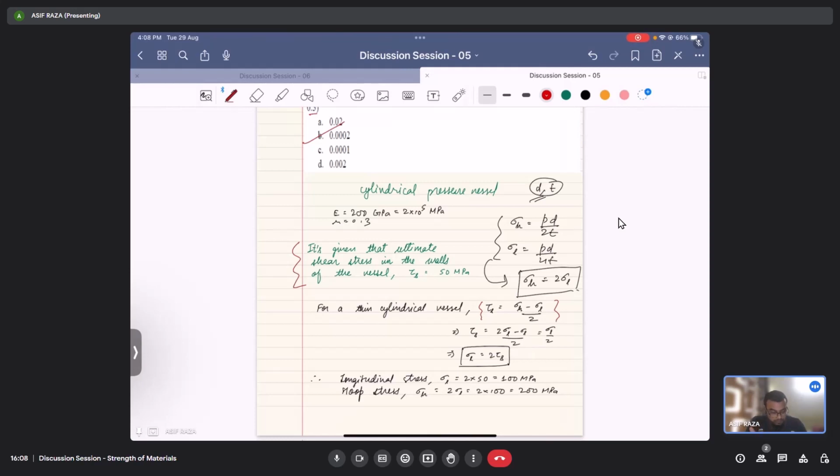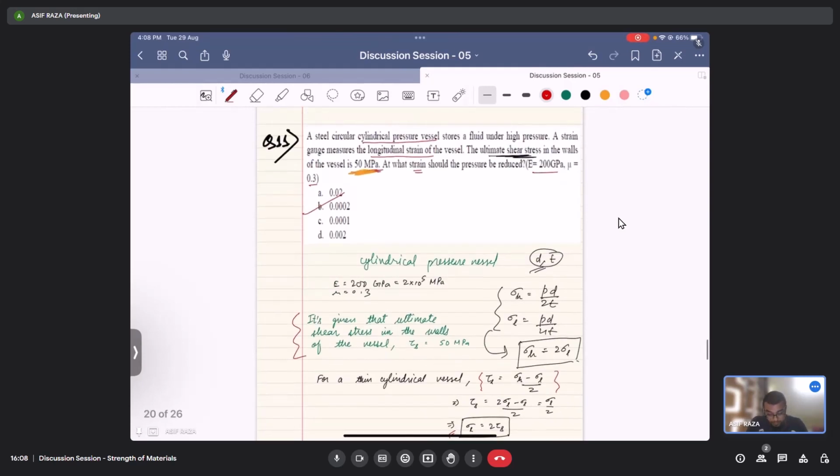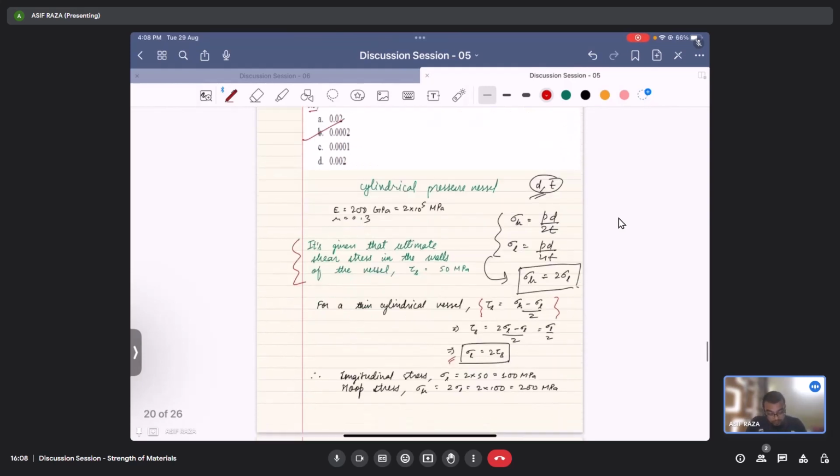Since hoop stress is twice the longitudinal stress, that ultimately gives the longitudinal stress as twice the ultimate shear stress.